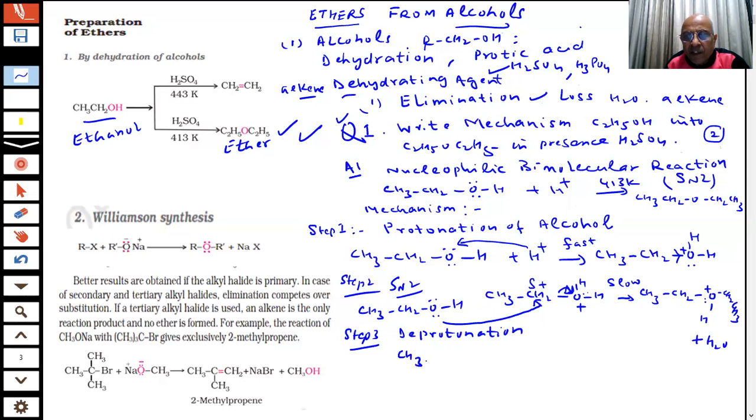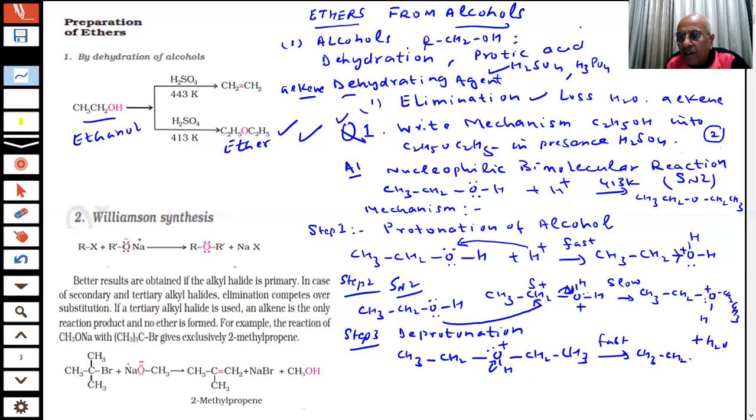The result of this will be CH3, CH2, O, and CH2, CH3. This will also be fast because there is a lot of water. Water can take this, and this electron pair will be taken by this oxygen. It is positive, and this will leave. H plus will leave from here, student.